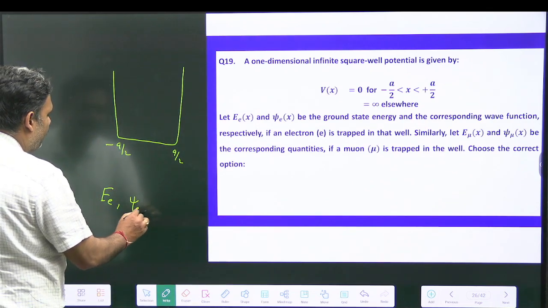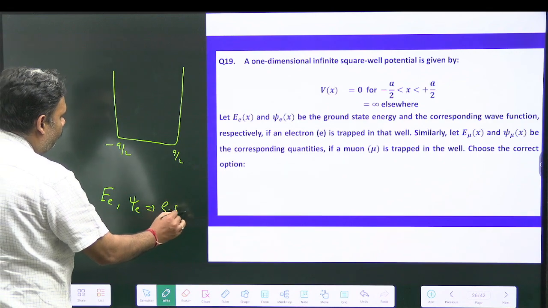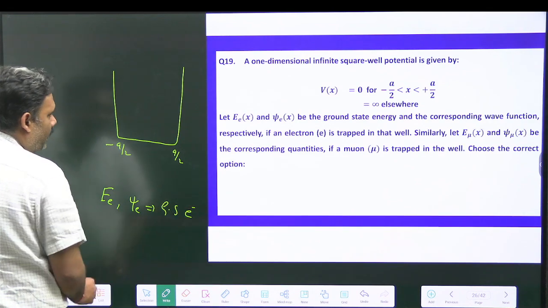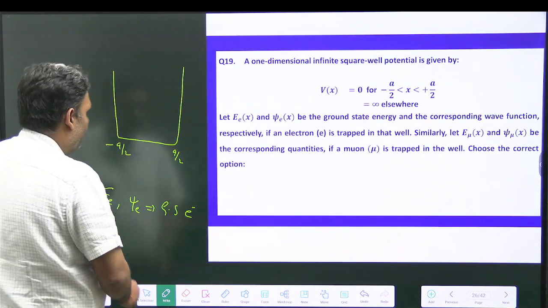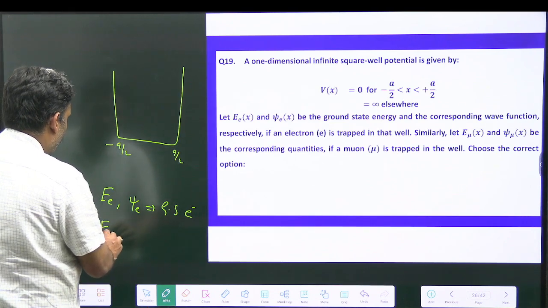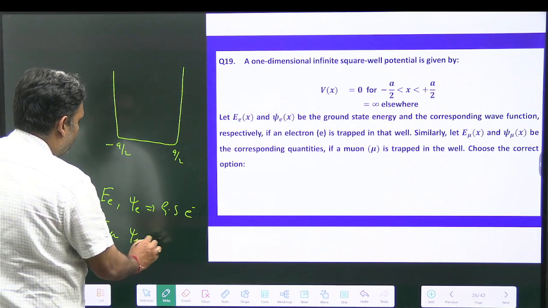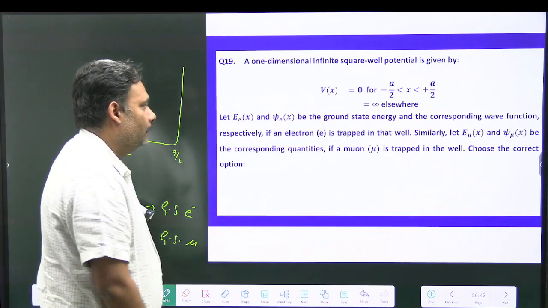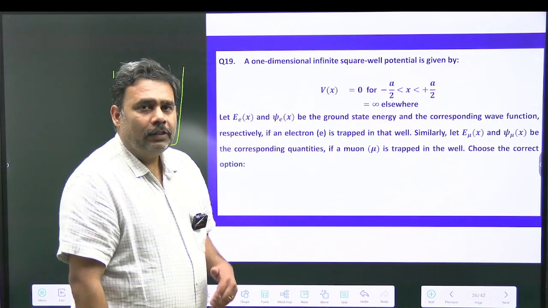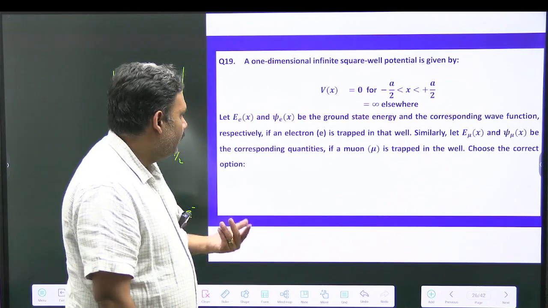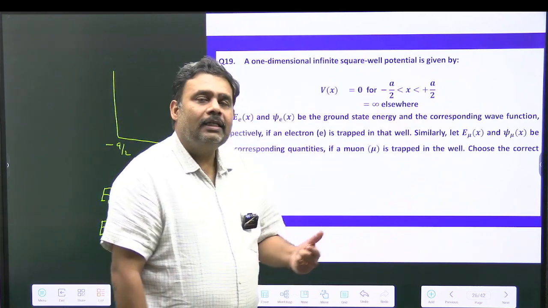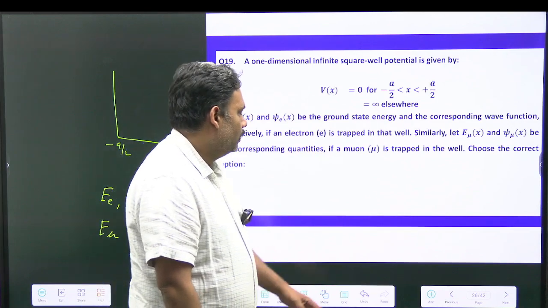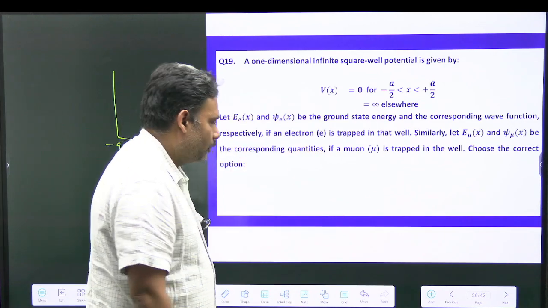Similarly, it is also given that E_mu and psi_mu are the ground state for the muon. So we have to choose which one of the following is the correct energy as well as correct wave function for the muon as well as the electron.